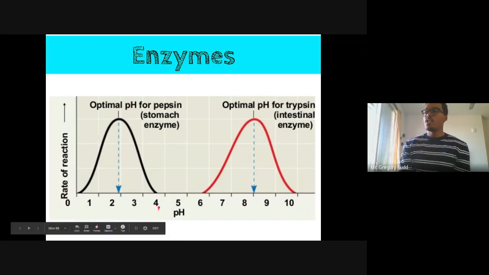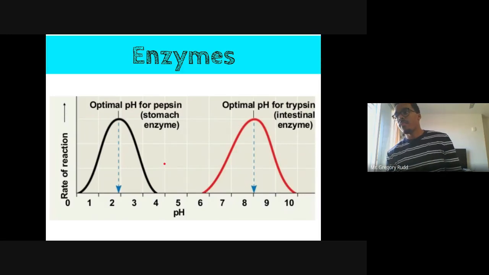This graph depicts two different enzymes and how they function. Both of these enzymes can be found in the human body. This enzyme called pepsin is a stomach enzyme that helps us to break down carbs in the stomach. And there's another enzyme called trypsin, which can be found in the human intestines to help break down lipids.